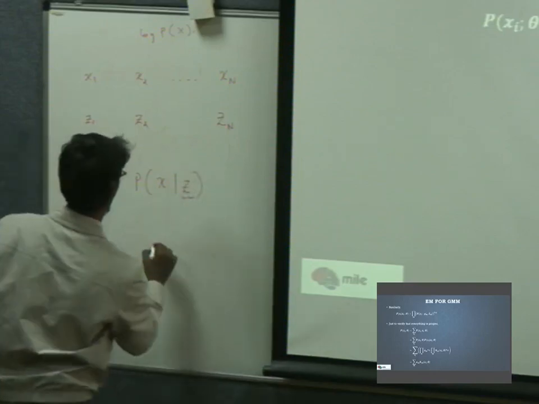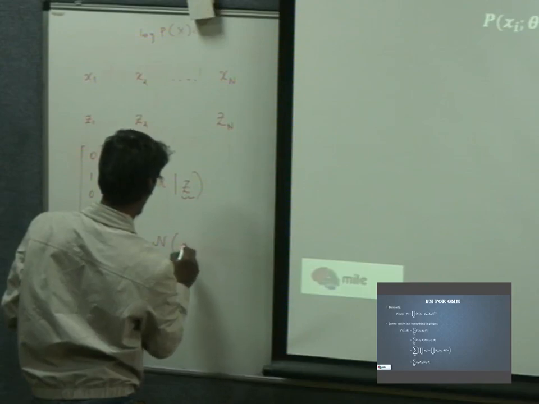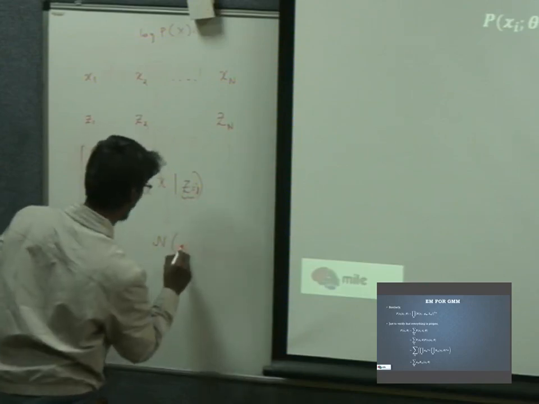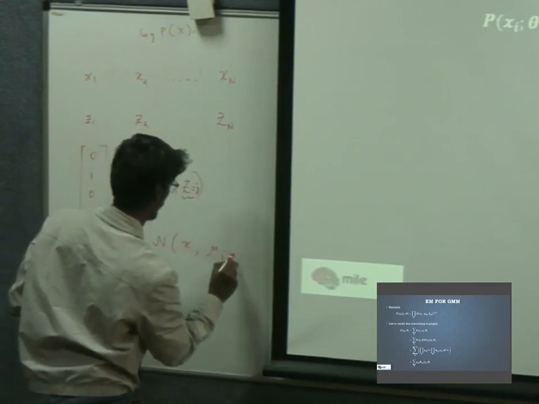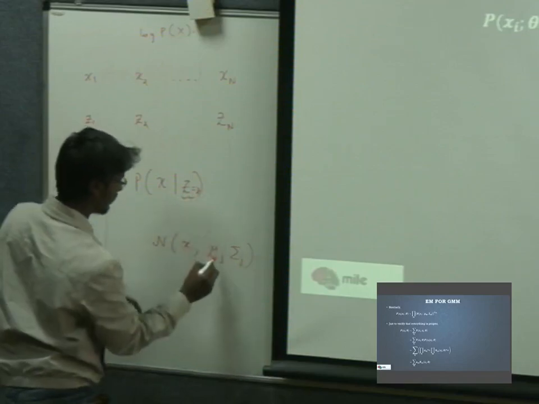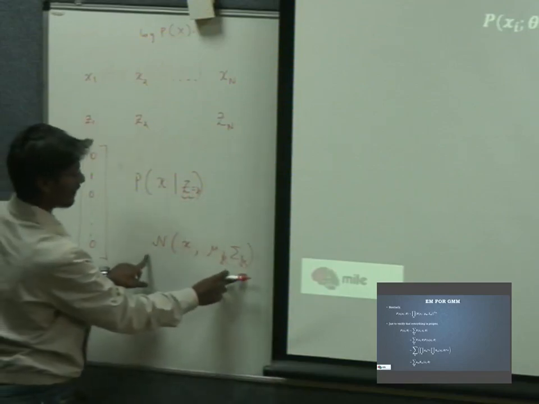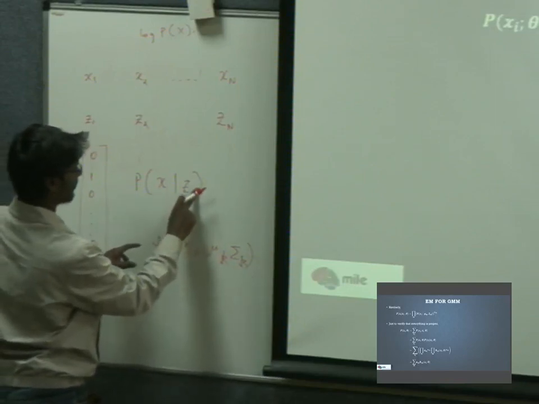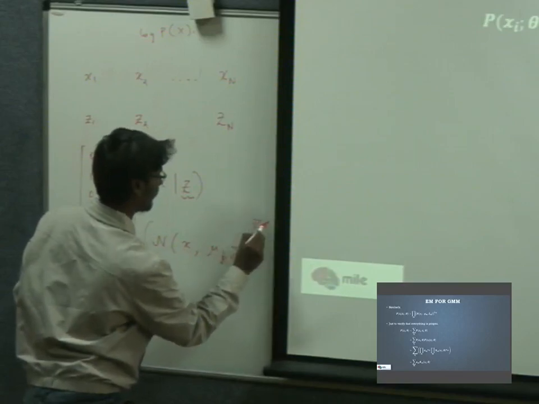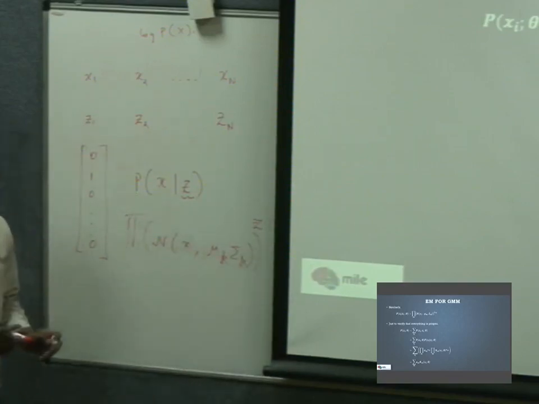That is nothing but N. If it is some jth mixture, then it is N of x given mu j, sigma j. If it is the kth mixture, then it is N of x given mu k, sigma k, and so on. And how do we decide which mixture? You just take the power of this binary random variable, so you will get only that term.